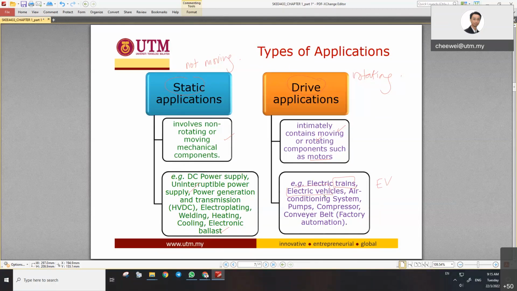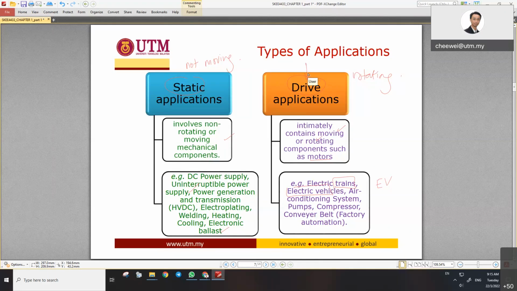Then conveyor belts, factory automation, anything that involves kinetic energy falls under the drive category. If you look at the chapter distribution just now, we start with the static converters, and at the end we will continue with application of drives.